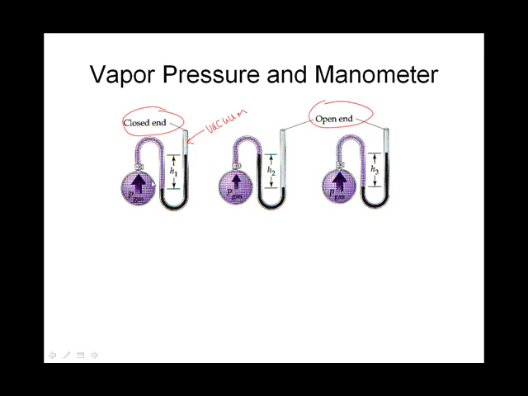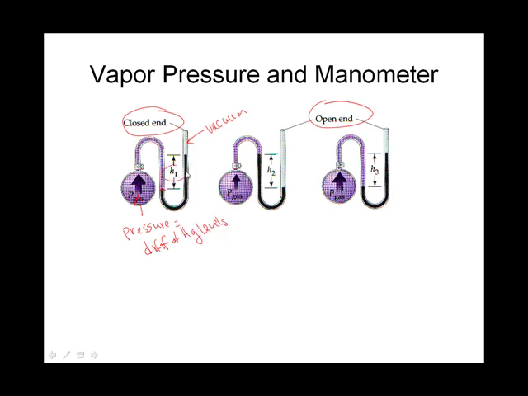And so over here, as the vapor particles are hitting up against the surface of the mercury inside, it causes a difference in the mercury levels, and so the pressure inside is equal to the difference of mercury levels.